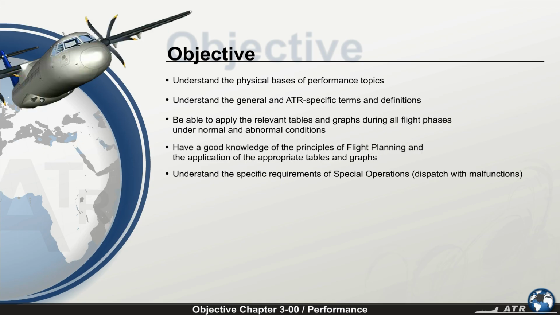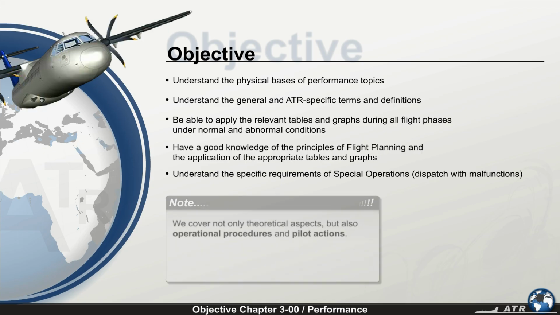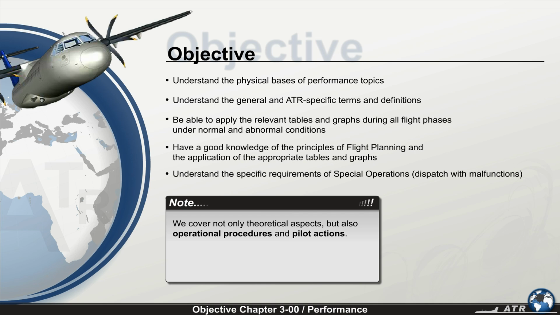Understand the specific requirements of special operations. Dispatch with malfunctions. During this chapter, we'll cover not only theoretical aspects, but also operational procedures and pilot actions. Note, the content of this chapter is based either on official ATR documentation and/or EASA regulations.